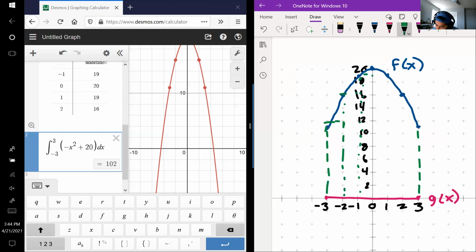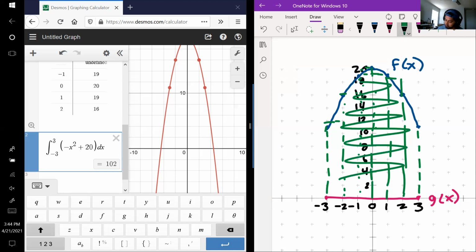Here's another. Oh, we could probably go all the way up. There's another rectangle, and there's another rectangle. So if you were to find the area of each rectangle and add them, you would get a number very, very close to 102, which is pretty cool. But we don't have to worry about that too much in here. So again, all we're doing is finding the area between those two curves.